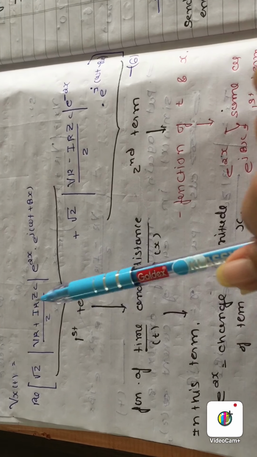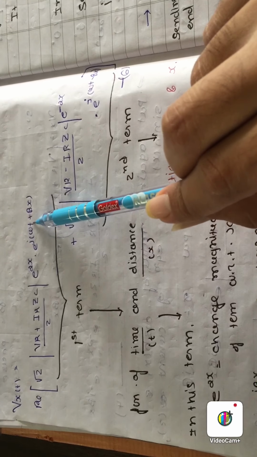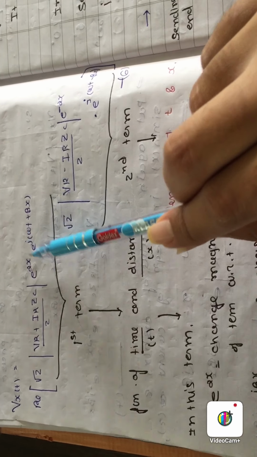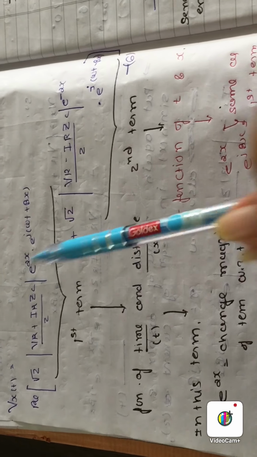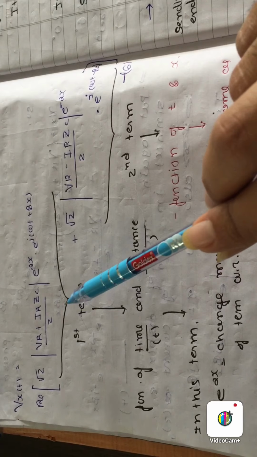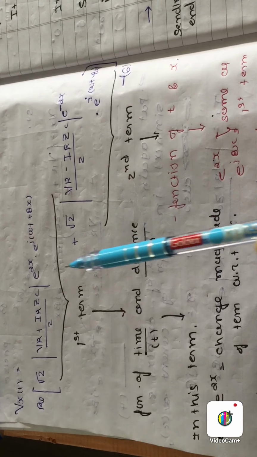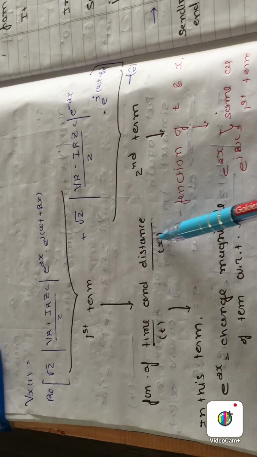Only two variables will change: first is x, second one is t. The remaining parameters are fixed or constant. So the first term will change according to time and distance. Here time is represented by t, distance is represented by x.